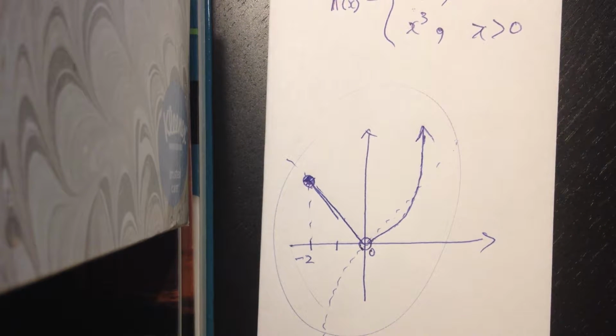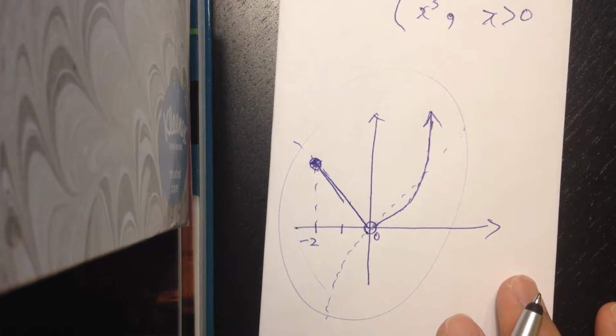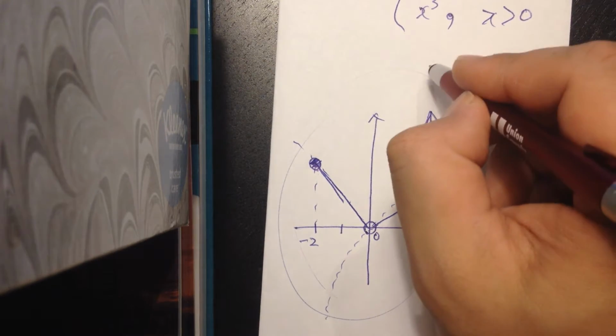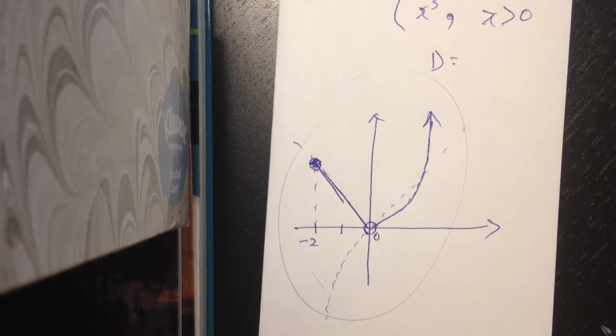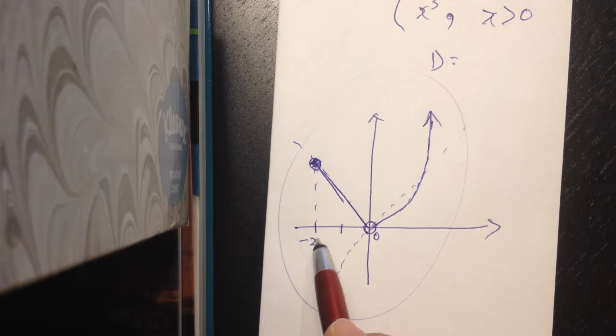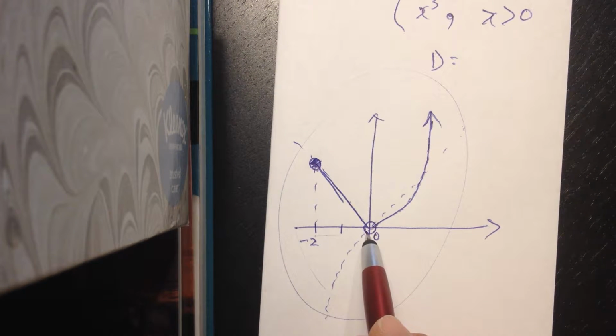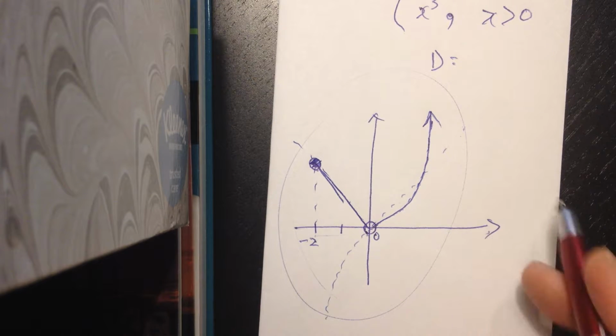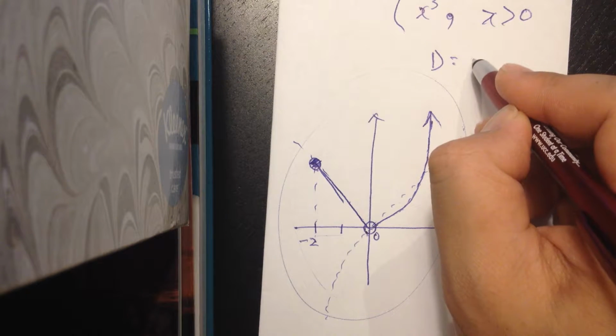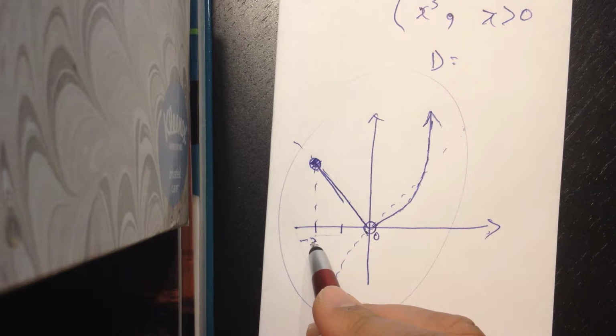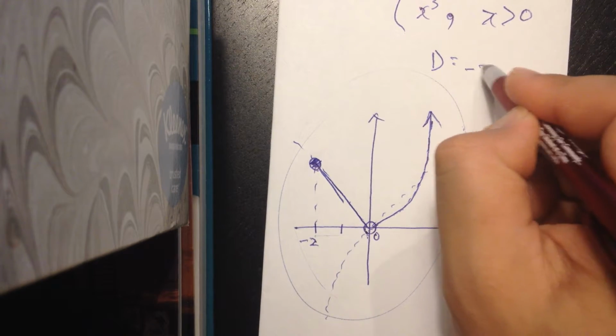Now, what will be the domain? Well, domain will be from -2, not including 0, and infinity. So therefore, domain will be -2 to 0.